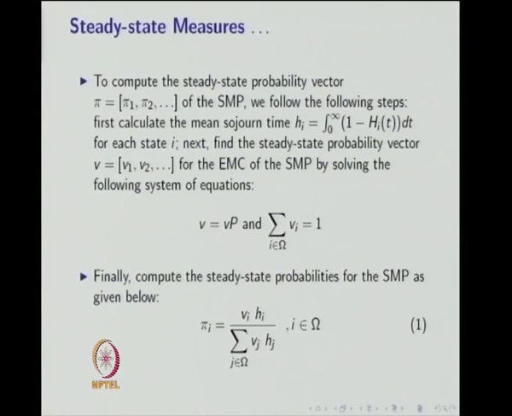To compute the steady state probability vector, let us assume that pi is the vector, pi 1, pi 2 and so on, are the elements for the semi-Markov process.